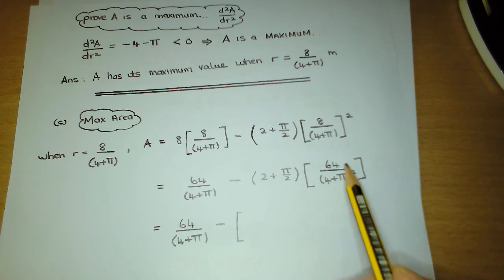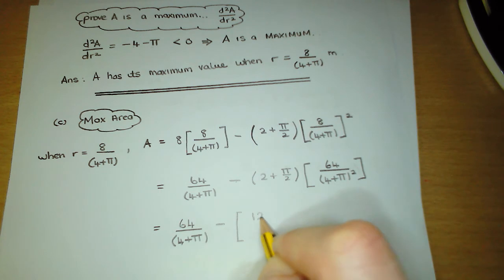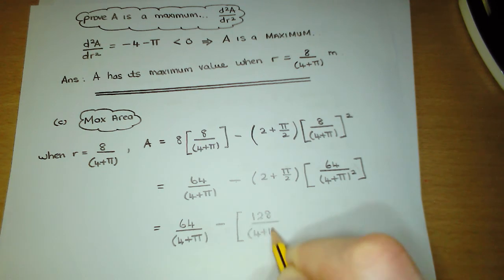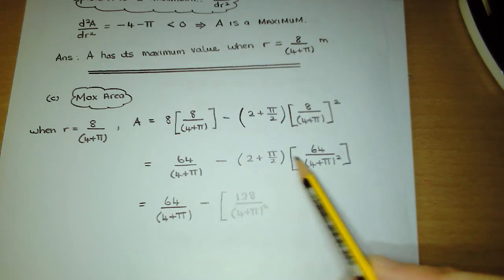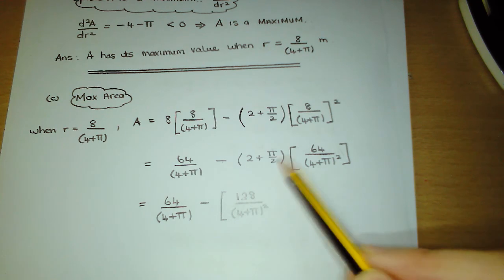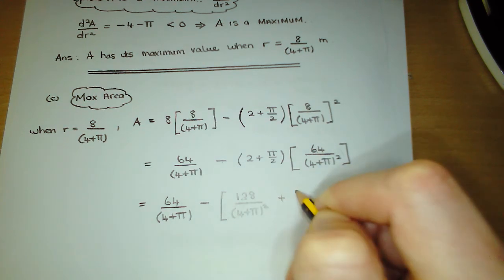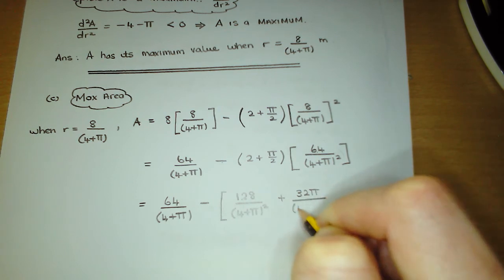So 2 multiplied by this fraction is going to give us 128 over 4 plus pi all squared. And then we're going to multiply pi over 2 by 64 over 4 plus pi all squared. The 2 cancels with the 64, so we're going to end up with plus 32 pi all over 4 plus pi all squared.